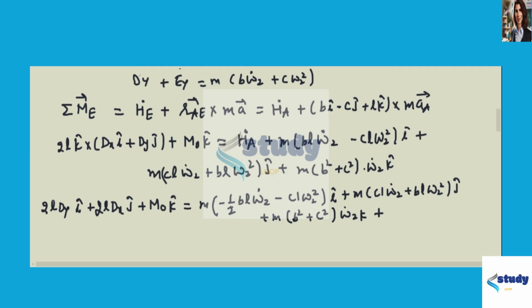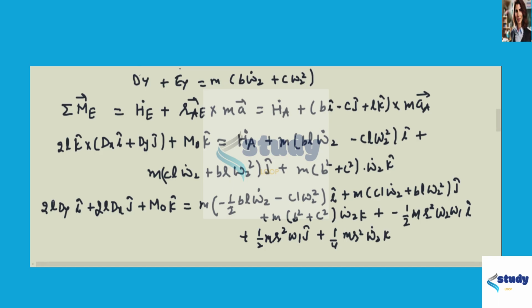Plus H dot K from equation third: m r square omega 2 omega 1 I cap, half m r square omega 1 J cap, 1 by 4 m r square omega 2 K cap.